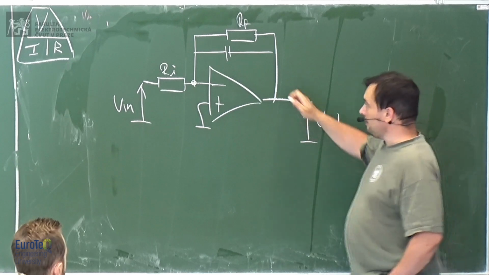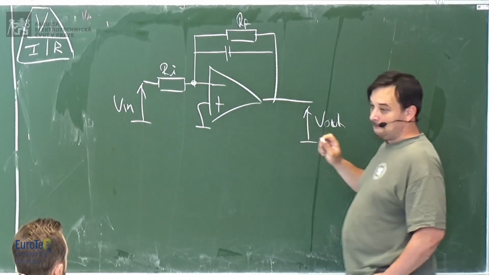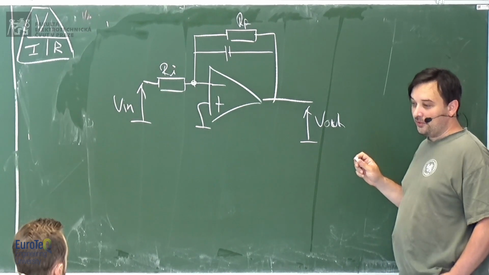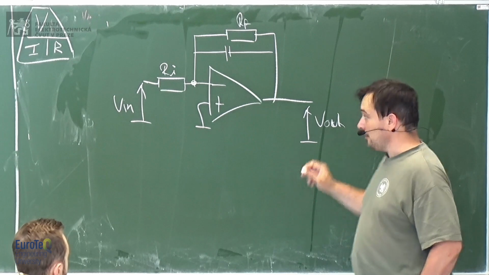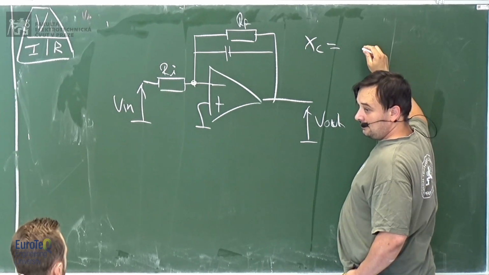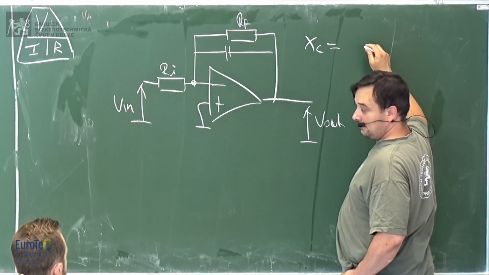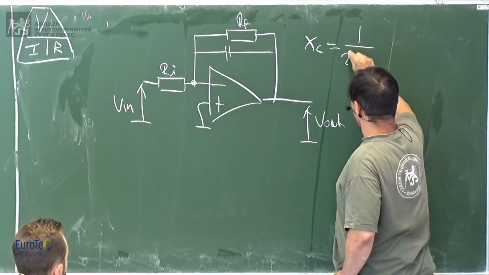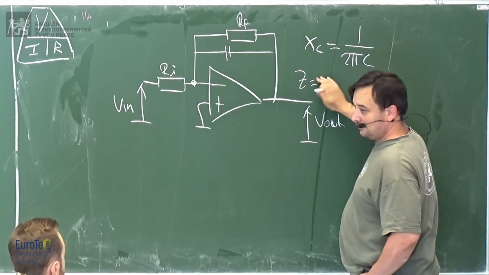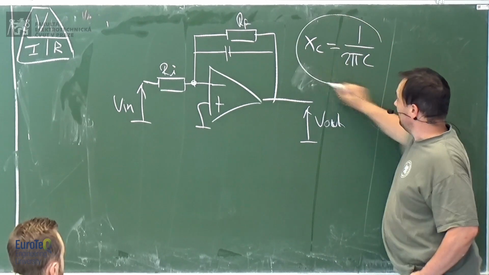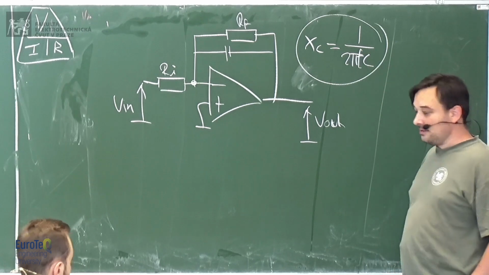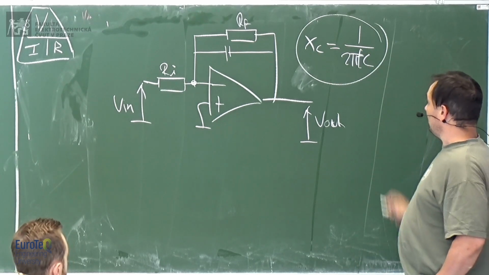What happens if you have high frequency? What is a capacitor for high frequency? It's a short. Why? Because XC is 1 over omega C, which is 1 over 2 pi f C, in scalar value.